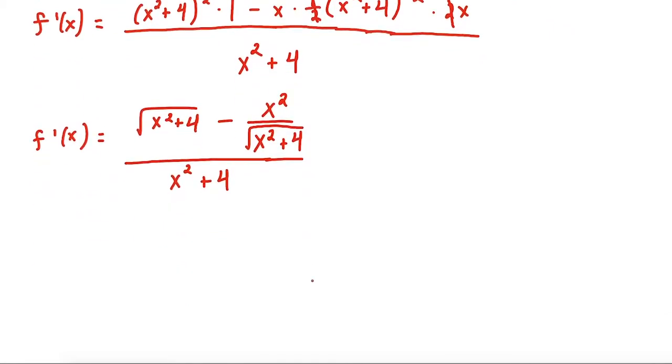Okay, so then this is where the analysis is going to start to come in. If I want to know the sign of f prime of x, what I need to do is look for potential roots and determine if the first derivative is positive or negative. So one thing to be mindful of here is that the denominator is always positive.